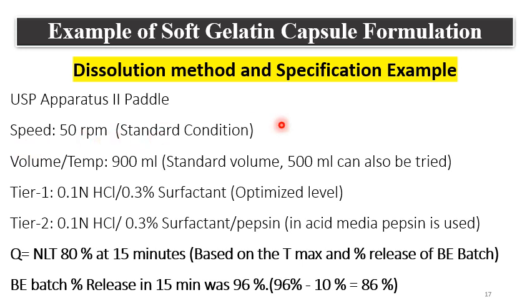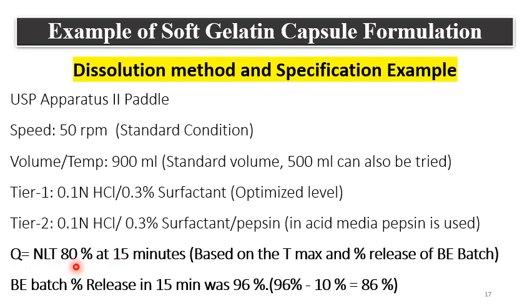It is a standard condition. Volume is 900 ml. Temperature is 37 degrees. This is the standard volume. Also 500 ml can be tried based on the development. Tier 1 will involve 0.1 normal HCl with 0.3% surfactant. Surfactant will be at an optimized level. Tier 2 is 0.1 normal HCl with a similar surfactant level with pepsin. Pepsin is selected because the media is acidic.